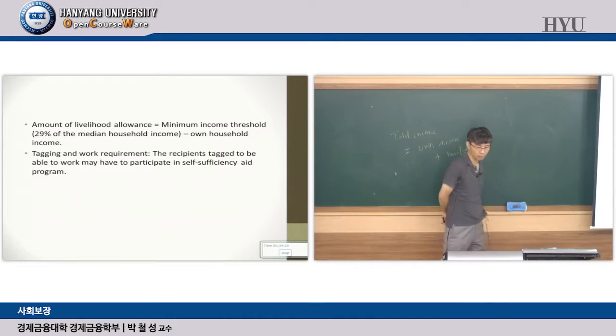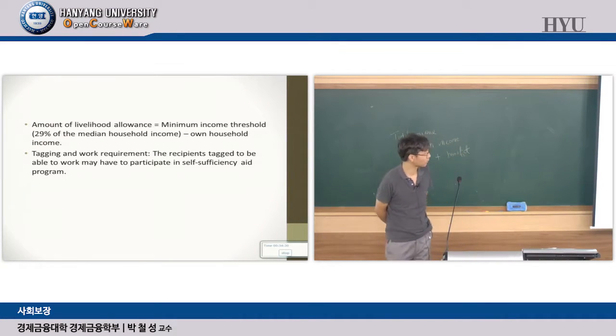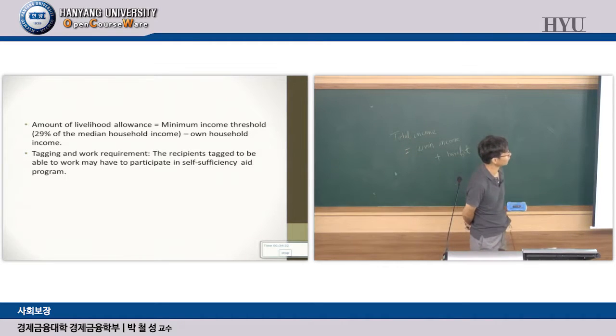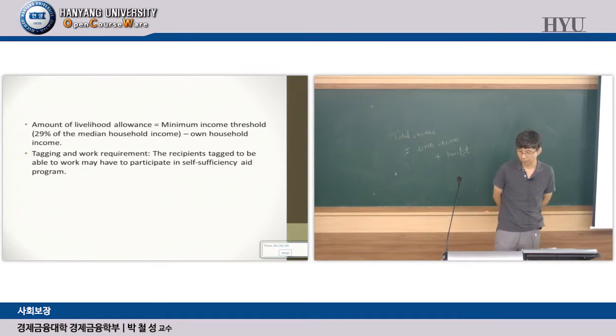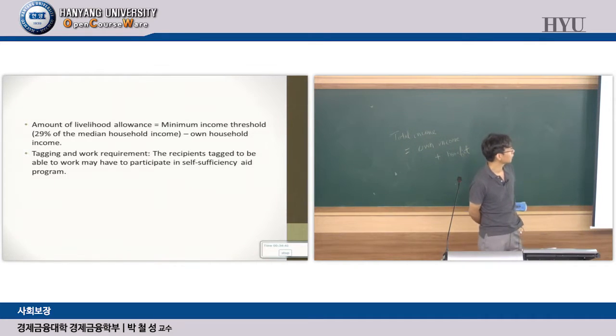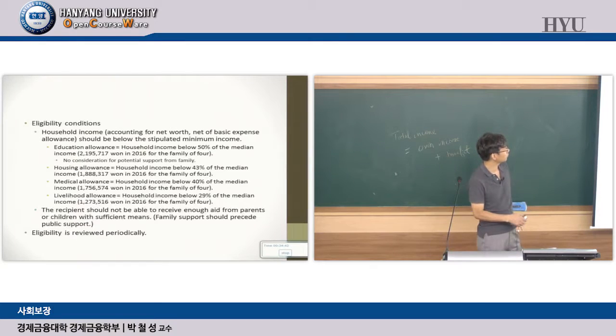Okay, what is the amount of the livelihood allowance? The amount is very simple: minimum income threshold minus own household income. Okay. So, for example, let's say 1.3 million is the threshold.